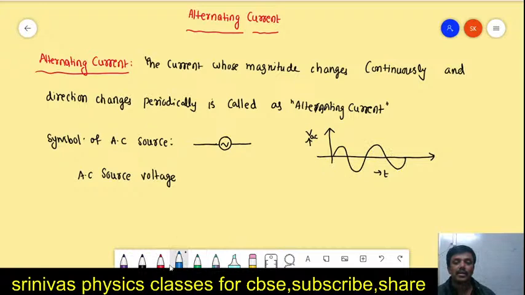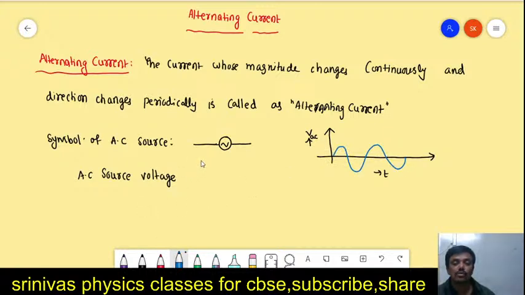The voltage value increases and becomes maximum, next decreases and becomes zero, oppositely increases and becomes maximum, oppositely decreases and becomes zero. Like this, voltage value continuously changes and direction also changes. Such voltage is called alternating voltage.